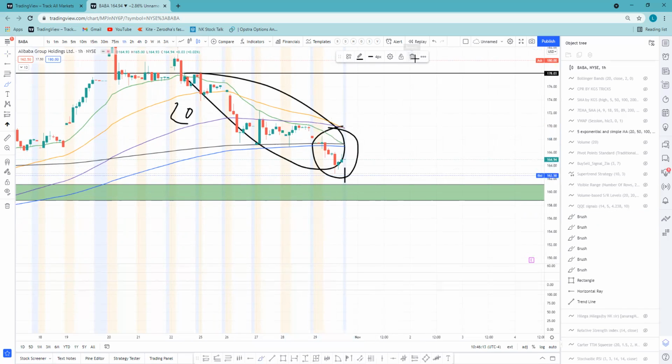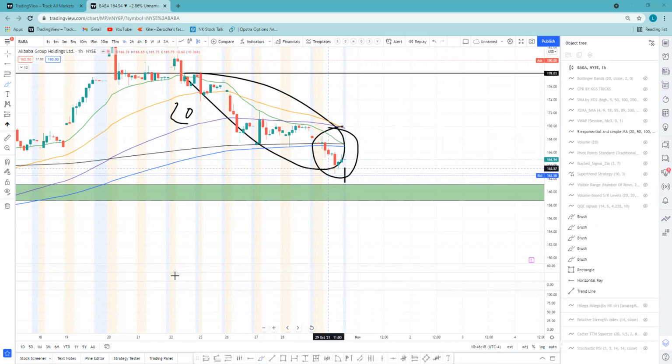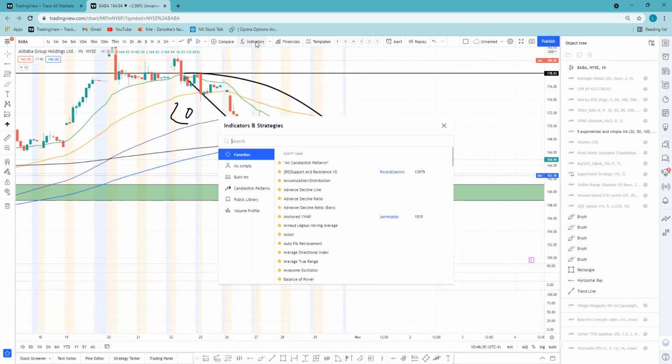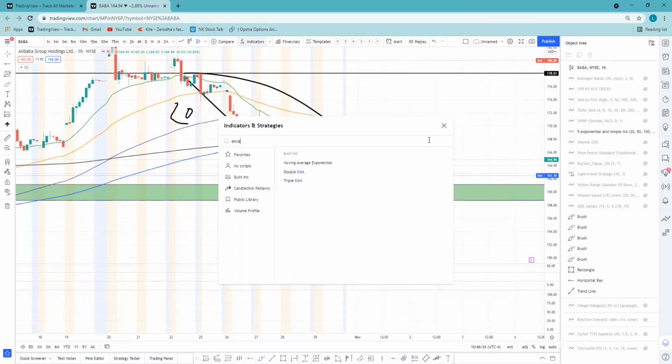So in simple words, where can we see the EMA? You go to the indicator. If you are using the free TradingView software, look for the EMA.